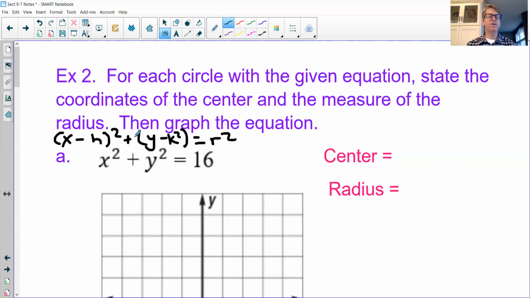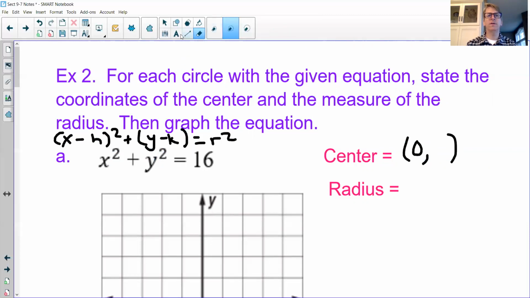So that's our standard form. And if that's the case, we can see what our center is. If this is x squared, this is x minus 0. H has to be 0. And k has to be 0.